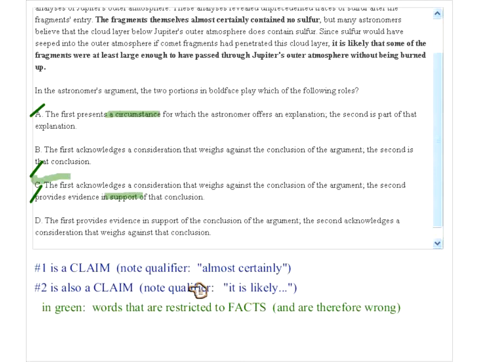All right. Because here's the thing. If you get down to these two, all you really have to do is decide whether these work with each other or against each other. So that's still not easy. But notice in B it says the second they're opposed to each other. It weighs against the conclusion, and the second is the conclusion.